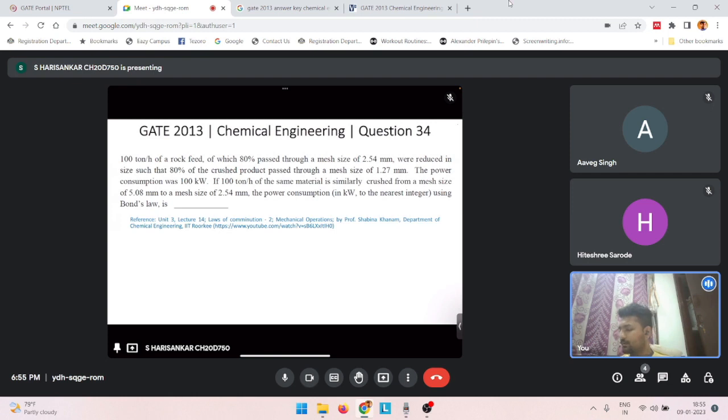Here they are following Bond's law for size reduction.